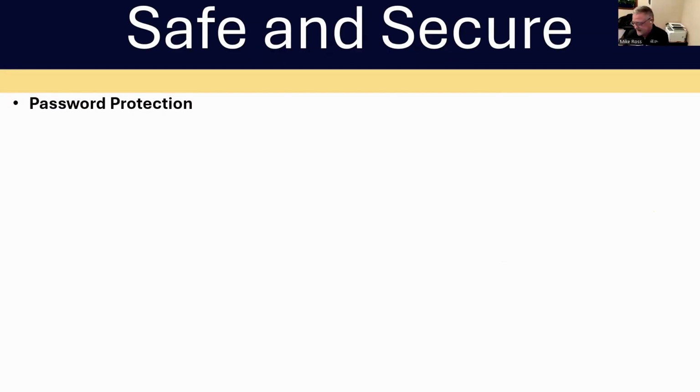One of the first things I put in that table of contents is security and safety. We hear the arguments, well, I don't want all my stuff on the internet. Well, personally, I think the day is here where all of your stuff is on the internet. Everybody's stuff is there.